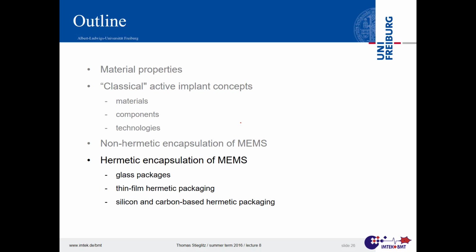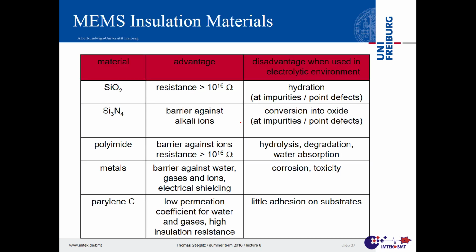If we go over the last minutes now to hermetic encapsulation of miniaturized systems, we have to check out how can we use those ceramics, metals, whatever, in combination with microelectronics manufacturing techniques. And if we look, and this is a combination between hermetic and non-hermetic materials, the question quite often is what can we use as insulator there? We find out that we come to the usual suspects.